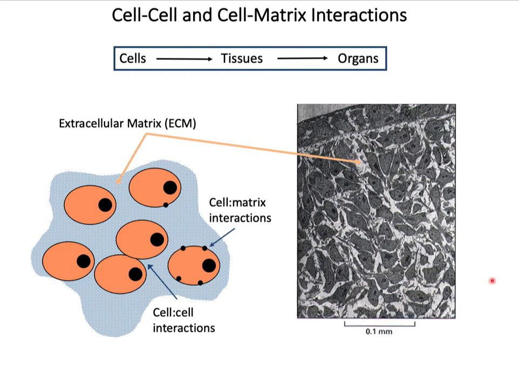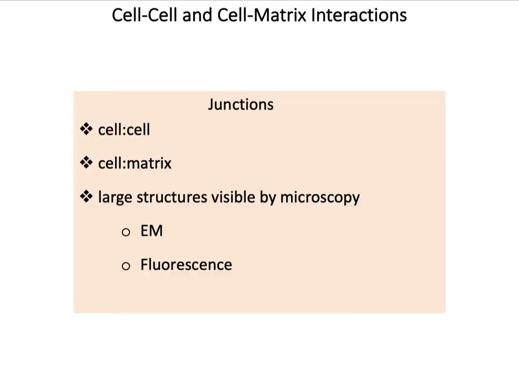And so, not only do these cells interact with each other in the context of tissues and organs, but they also interact with the components of the extracellular matrix. And that is what we are going to discuss in this topic: how cells interact with each other and how cells interact with the components of the extracellular matrix.